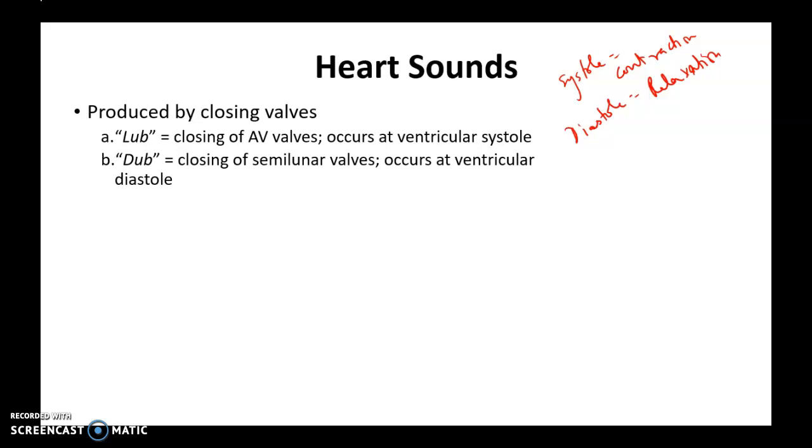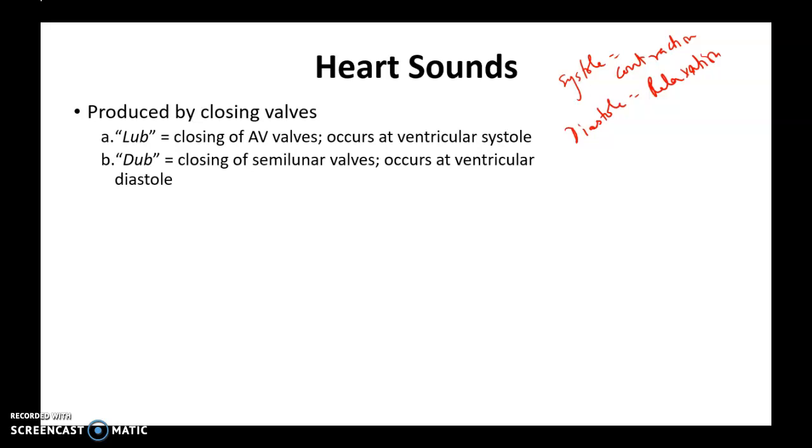So due to that increased ventricular pressure, the AV valves, which are the bicuspid and the tricuspid valves, are shut closed so that blood cannot go back into the atria. Blood can only move in a unidirectional pattern in the human heart. So when the ventricles are in systole, the bicuspid and the tricuspid valves shut close to prevent the blood from getting into the atria, and that produces the first heart sound called the lub. All right.